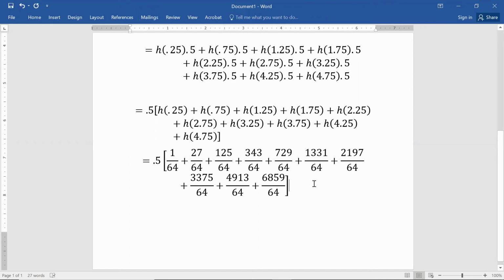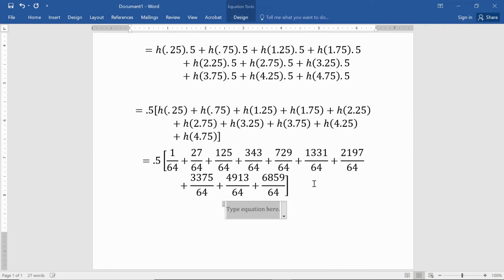Again, I like to use fractions there just because it's a little bit easier to see and easier to do than decimals in this case. A lot of these decimals are pretty ugly looking, going out to 6 digits or so.